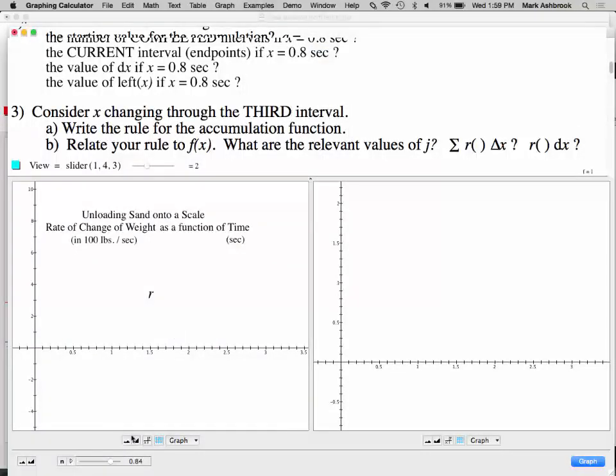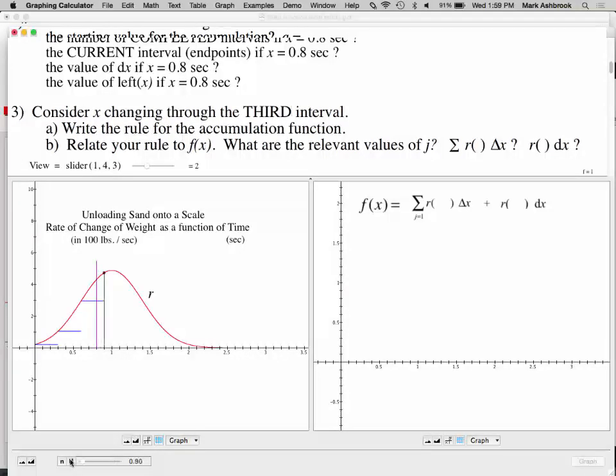Let's see what that looks like. Here we are in the third interval, and we're going to work on understanding what's happening here when the current interval is the third interval. Same questions. Number 3, go. Third interval.